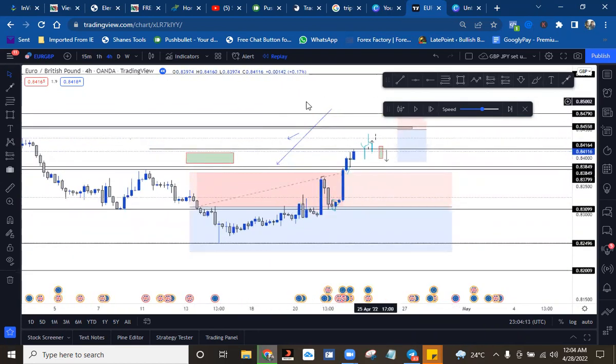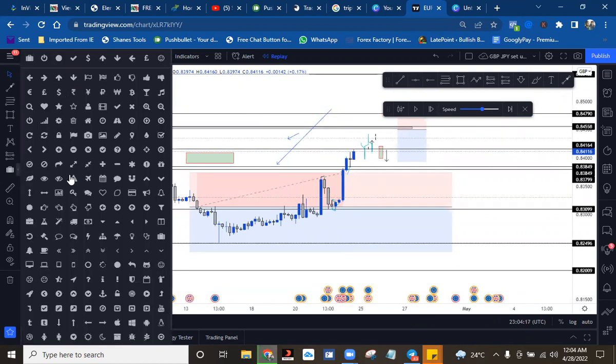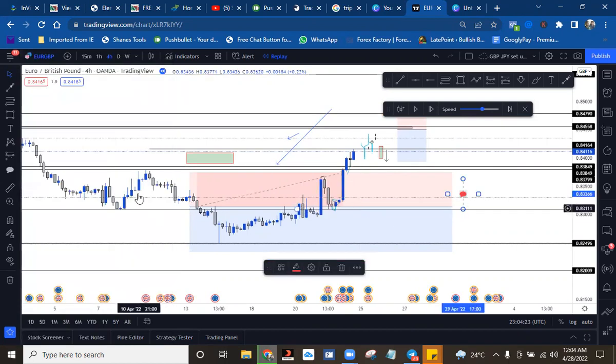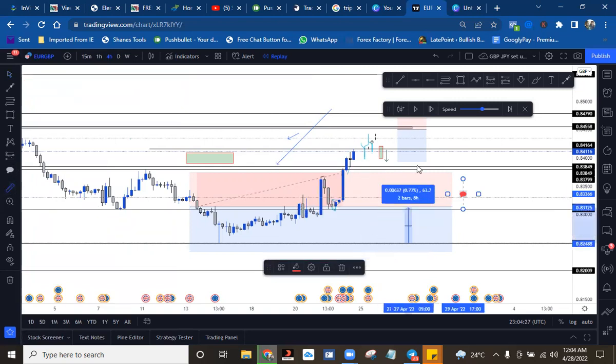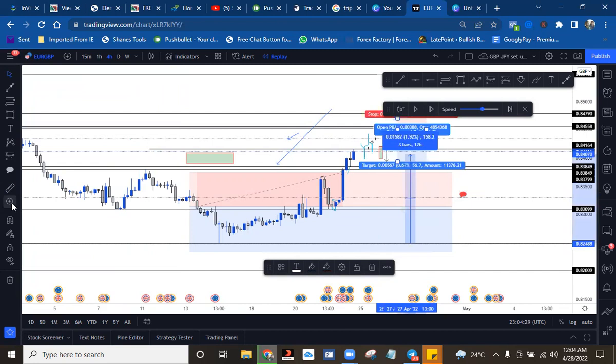All right, so this is where you get all those tools that you need. Here you have stickers, whatever sticker you want to put anywhere. Remember, the ruler is for calculating your pips. Here is a zoom. Maybe you want to zoom this candlestick right now.